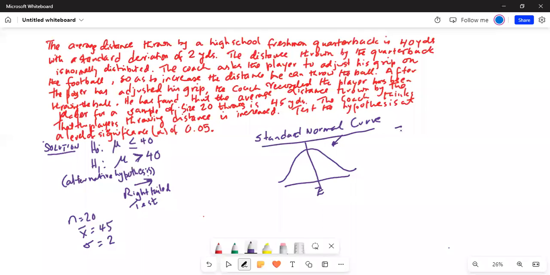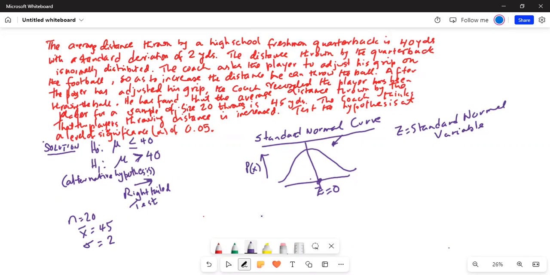Remember, Z is the standard normal variable. In the center, Z is equal to 0. So Z value is negative on the left of center and Z value is positive on the right of the center. And of course, we have probability on the vertical axis.